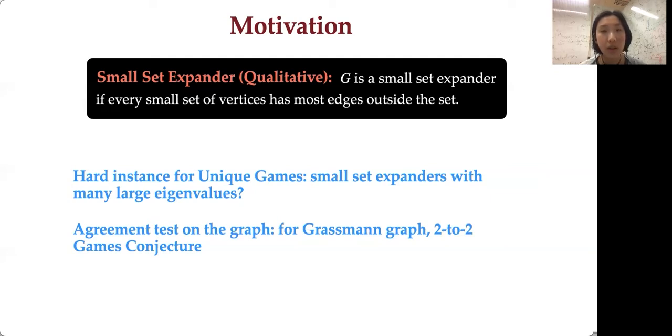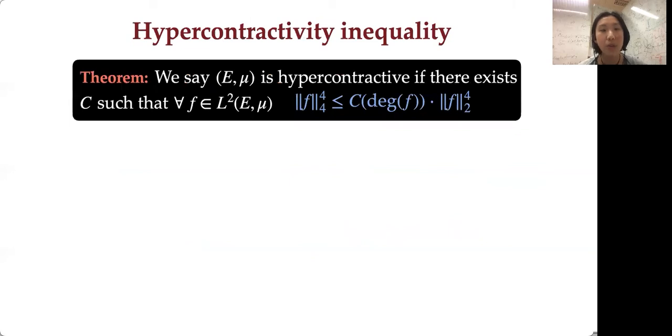Okay, so now let's move on to what precisely is the formulation of the hypercontractivity inequality. We consider a probability space (E, mu), where E is the state space and mu is the probability distribution associated with the space. Let's say the state space is over k random variables.